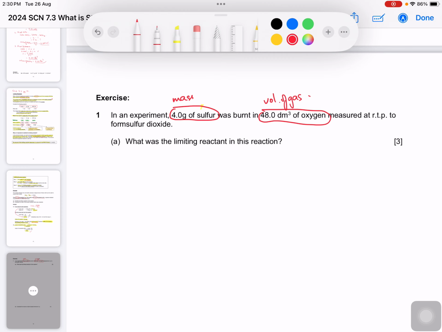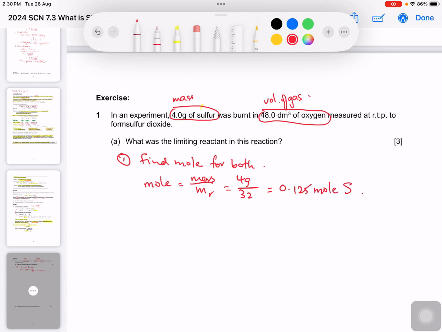So what's our method? Number 1, find the mole for both. Mole equals mass over Mr, so it will be 4 grams over 32 for sulfur. This will give us 0.125 mole of sulfur. So we have calculated sulfur.